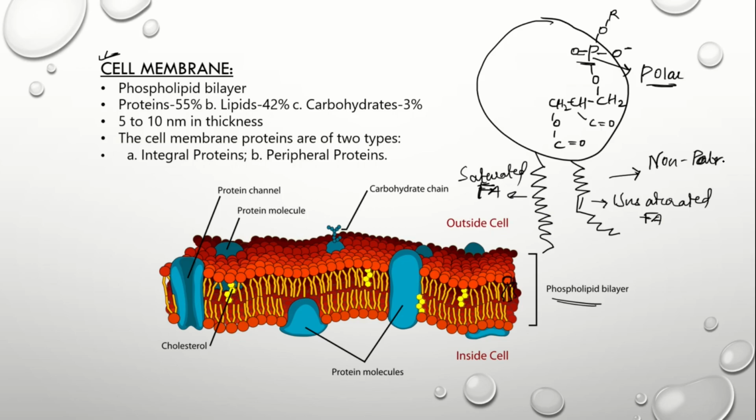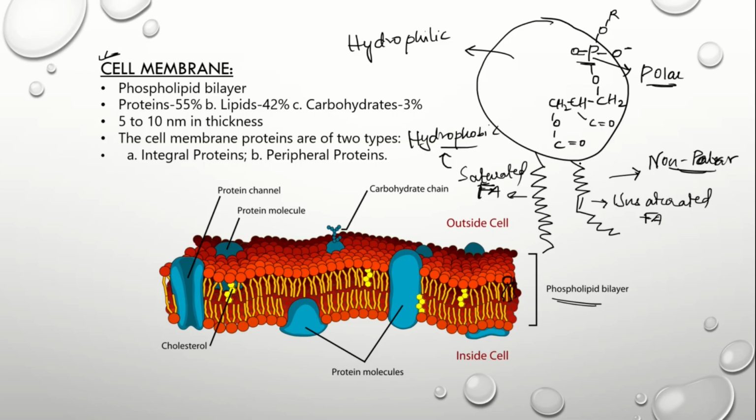So therefore our cell membrane has a polar head and non-polar tails. This polar head is hydrophilic in nature, and these fatty acids are hydrophobic in nature.